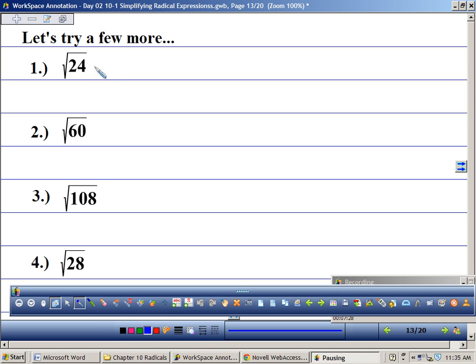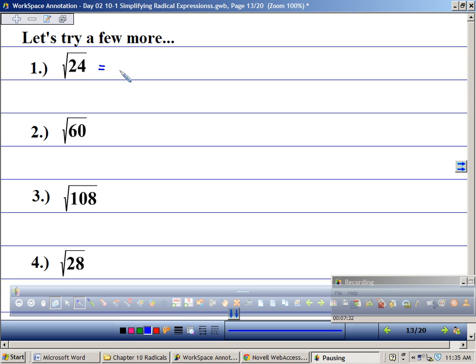Let's begin with this one, the square root of 24. Anybody see a square in there? Let's start with 8 and 3. We could. 8 times 3 equals 24. Anybody see a square in that?